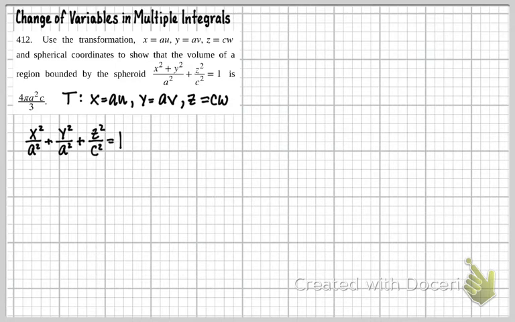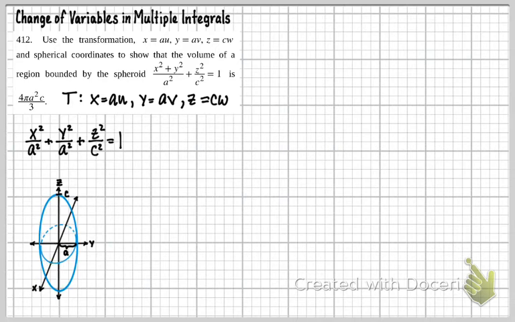And now I want to show you what this region looks like. Notice that both on the x and the y it's going to be the same distance, and that distance should be a. That's a circle if I just slice it at z equals 0.